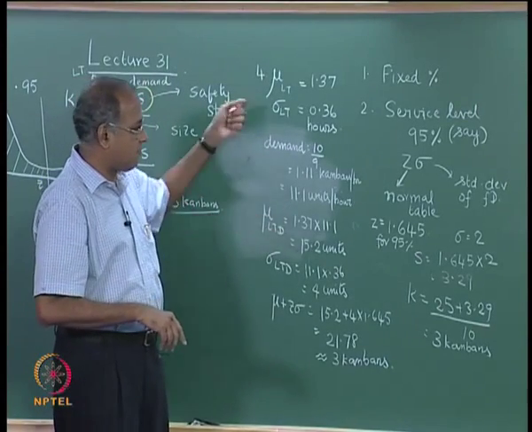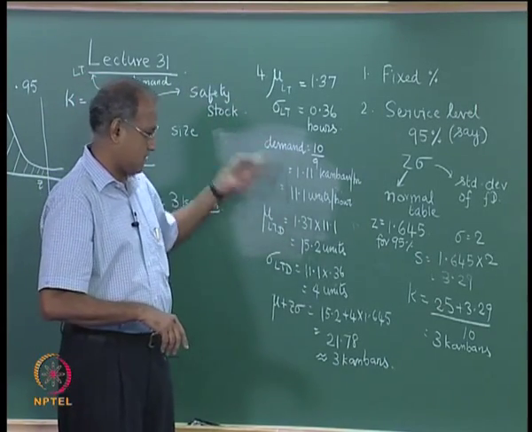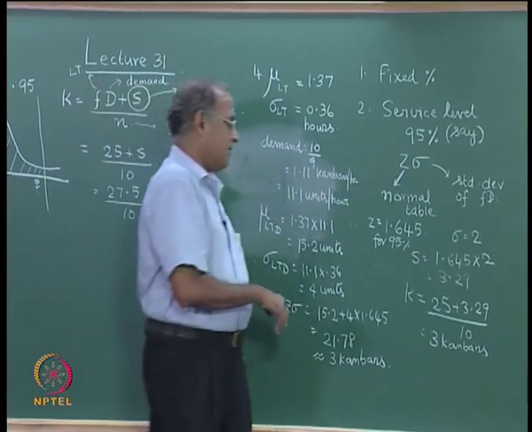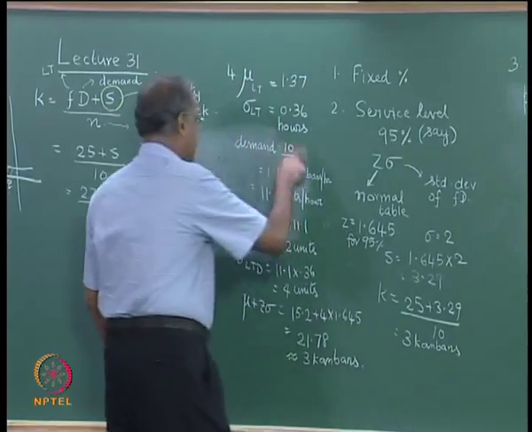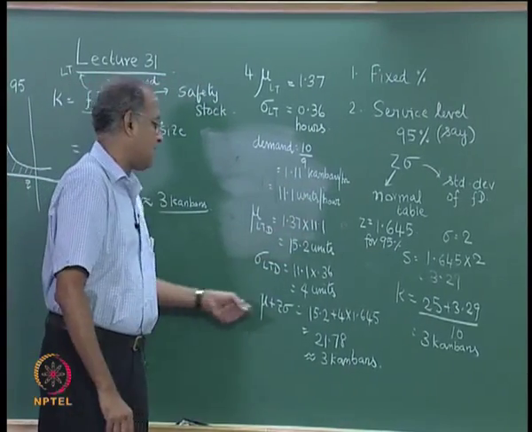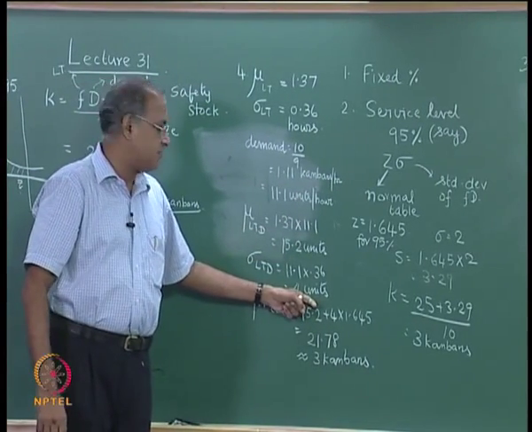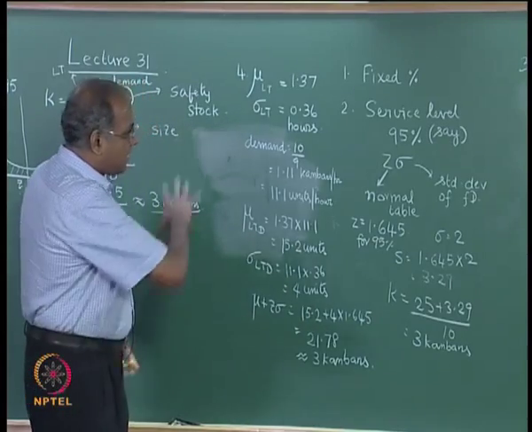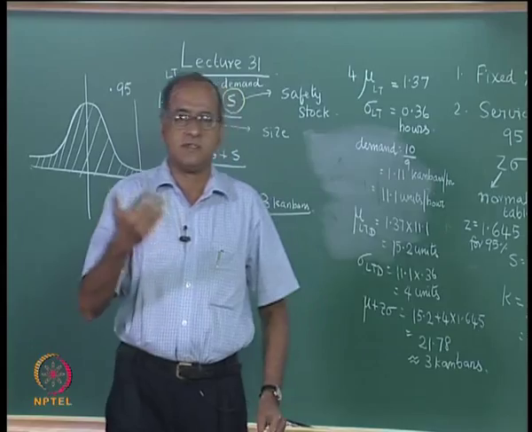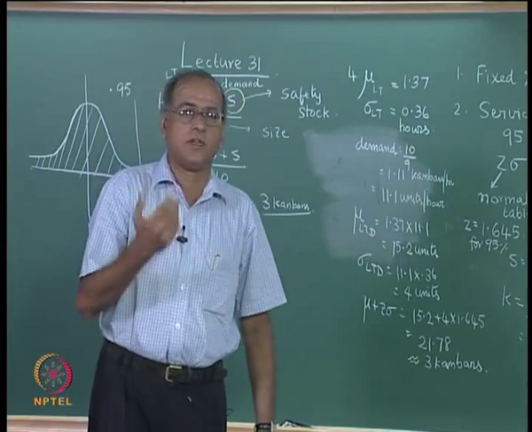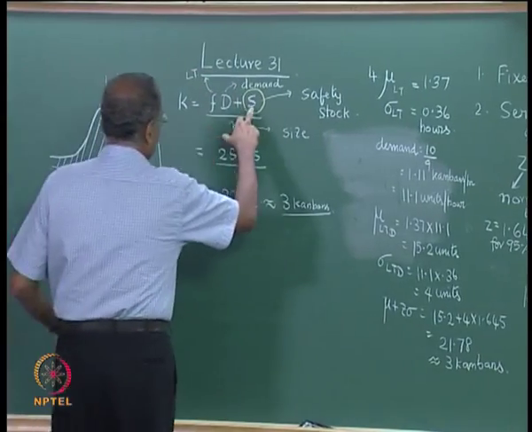Earlier we assumed that sigma is equal to 2. Here we computed the sigma, and sigma actually happened to be 4 units. So all these computations help us find the safety stock that we have to include in this calculation.